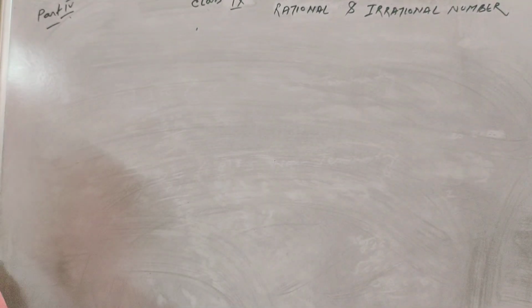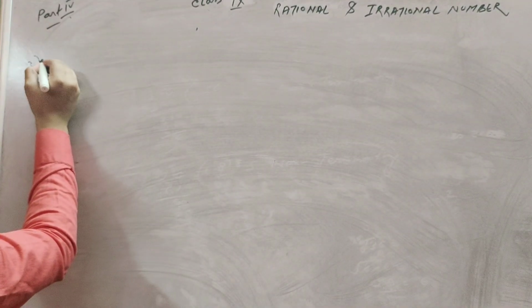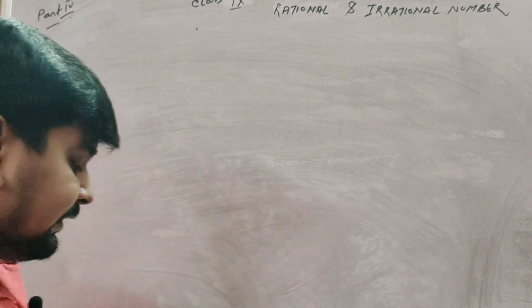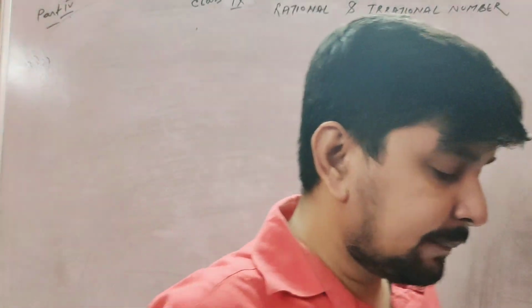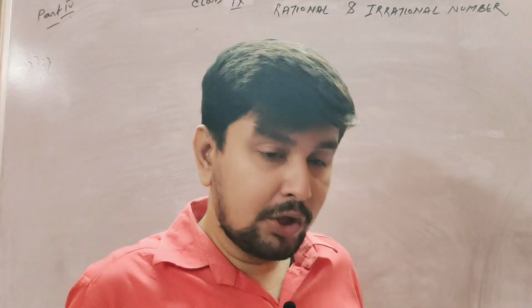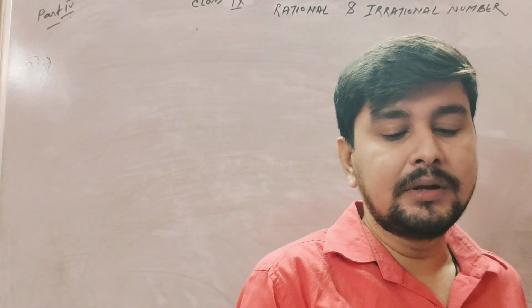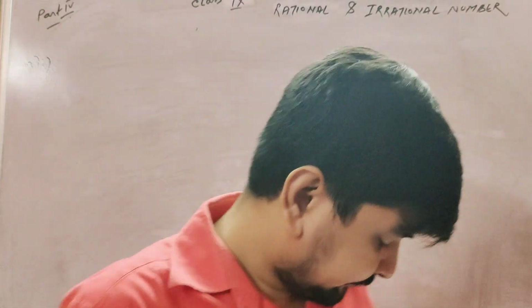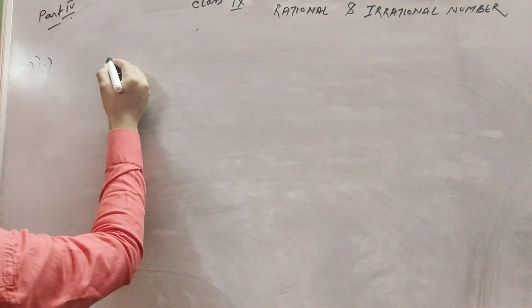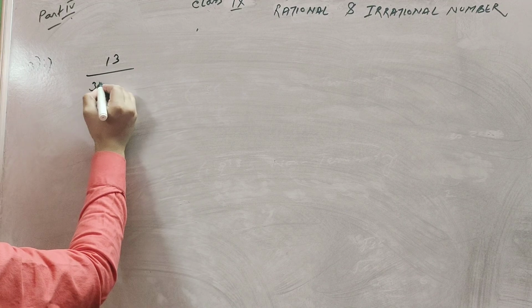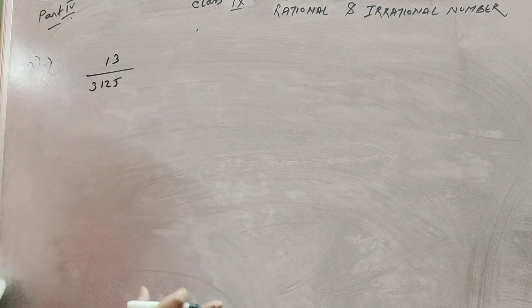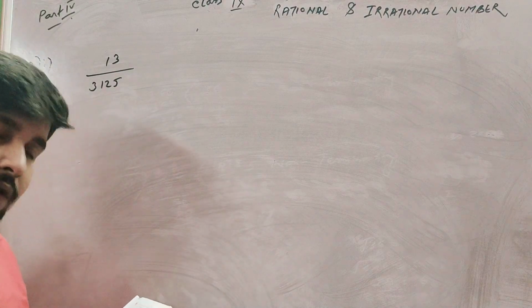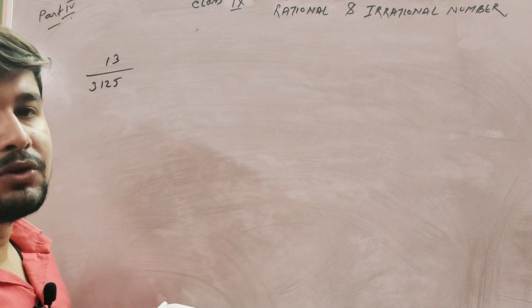Now it's time for question number 3, subpart 1. You see the heading: without actual performing, that means without real division, you find out whether this number is terminating or non-terminating. Our question is 13 upon 3125. If the remainder comes 0, that is terminating.